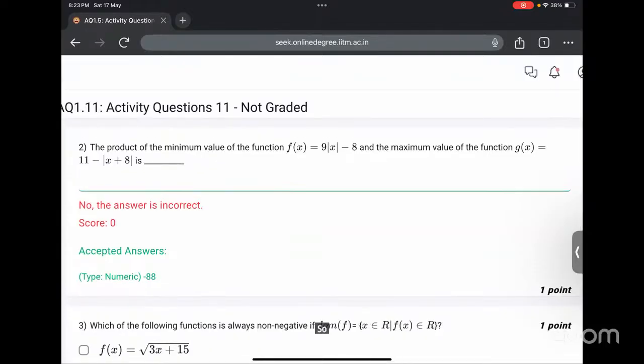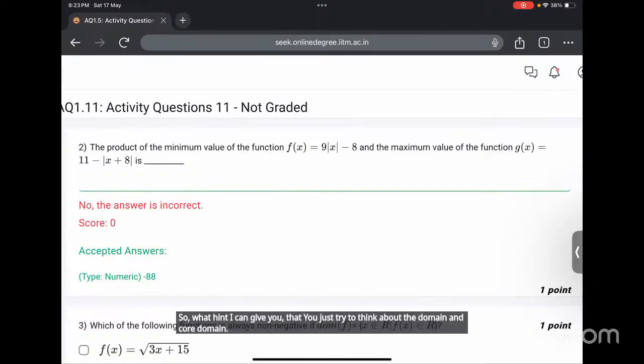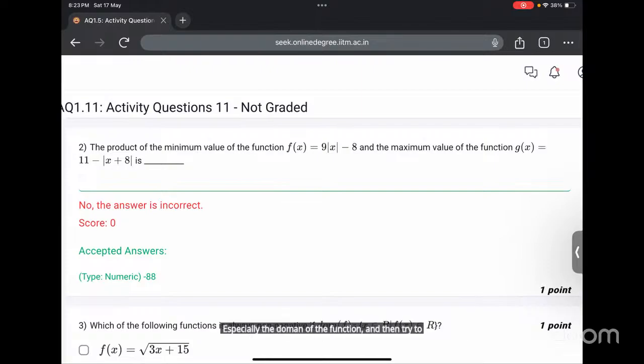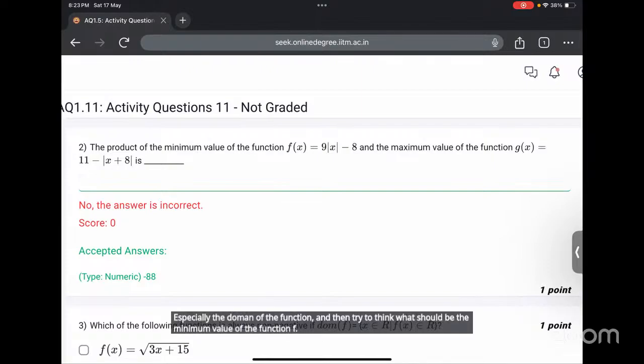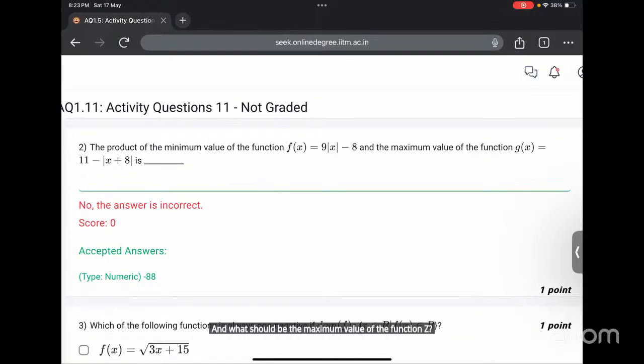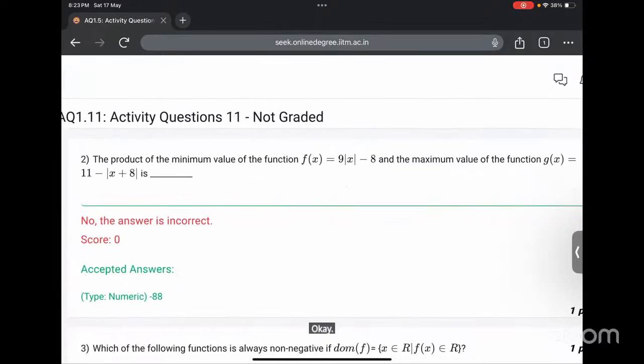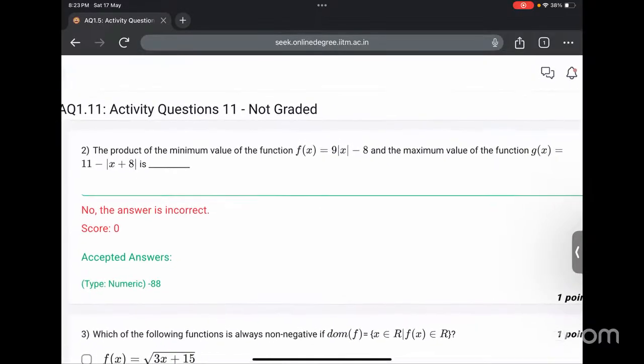What hint I can give you is that you just try to think about the domain and codomain, especially the domain of the function, and then try to think what should be the minimum value of the function f and what should be the maximum value of the function g.